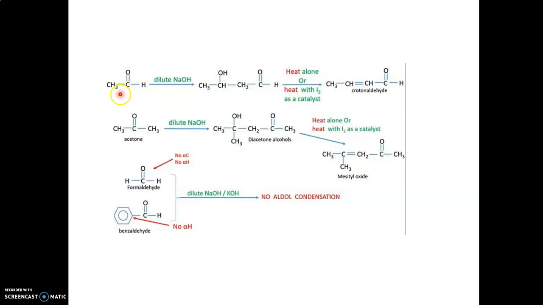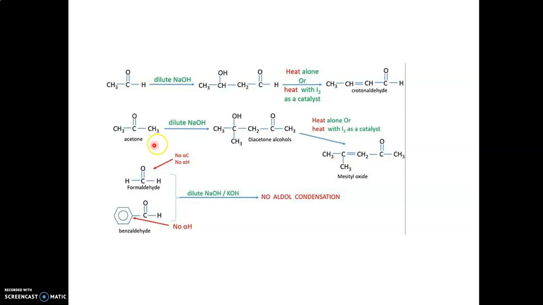Two molecules of acetaldehyde undergo self-addition in the presence of NaOH, which is acting as a catalyst, to give the product, and the product obtained here is an aldol, which is 3-hydroxybutanal. This product upon heating results in an unsaturated aldehyde, and here the unsaturated aldehyde is crotonaldehyde.